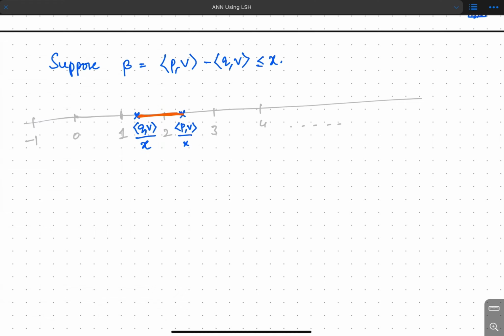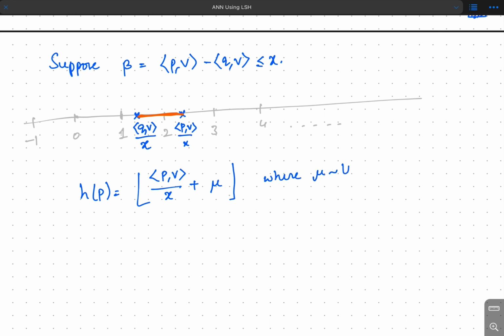Now if you look at the hash value, h of p is defined as p comma v divided by x plus t by x, where t is chosen uniformly at random from x. So we can replace t by x with mu, where mu is chosen uniformly at random between 0 and 1. Now these are the values given for q v by x and p v by x.